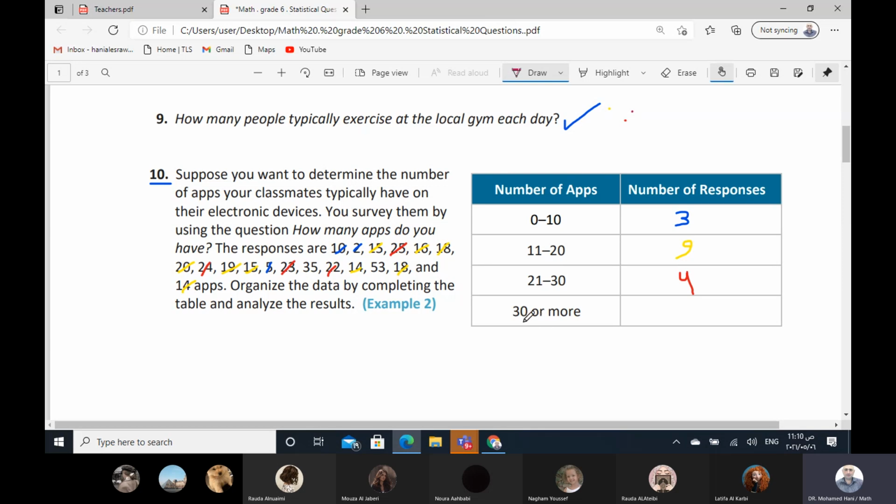Now 30 or more. We have here 35 and 53. So we have two numbers.